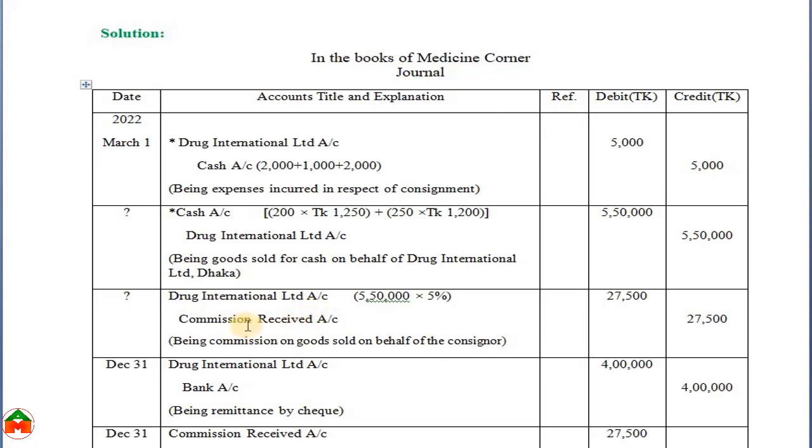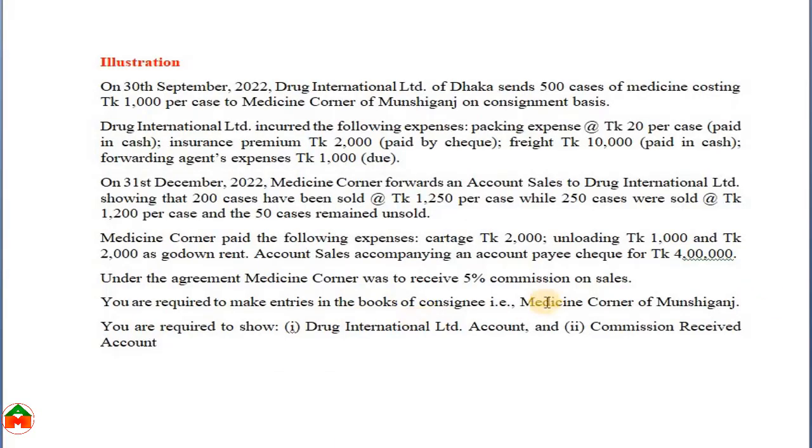That's why the commission is credit and Drug International Limited debit. What is the amount? We can see 5% commission. Commission should be calculated on the total sales proceeds. Here the amount of sales is 5,50,000 and the commission is 5%. Total amount is 27,500.